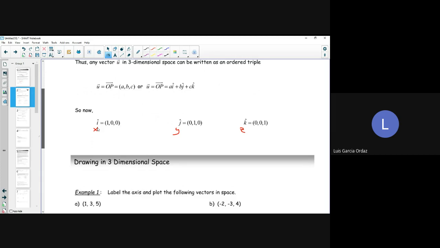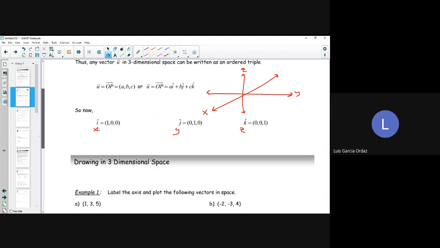The weird thing about a 3-dimensional axis is this. When it comes to my 3-dimensional axes, this one over here is going to be my z, this is going to be my y, and this is going to be my x.